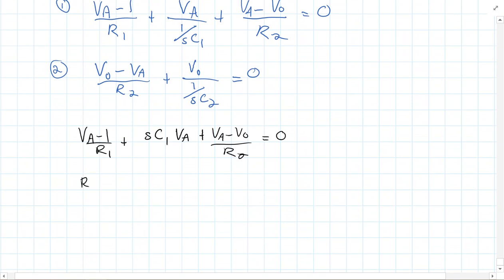So we'd have R2 VA minus VN plus SC1 R1 R2, whoops, these should be 2's here, plus R1 VA minus R1 V out.